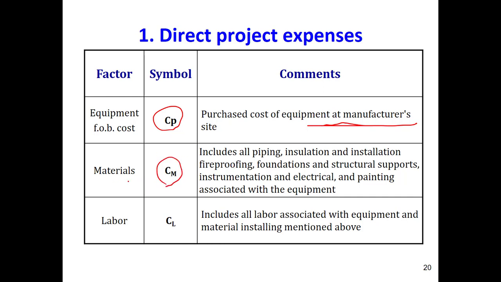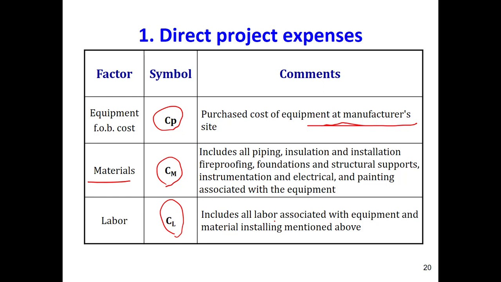Expenses related to material, we show with CM. That includes all the piping, insulation, installation, fireproofing, foundations, structural supports, instrumentation, electrical, painting, and whatever material that you will consume. It will be considered as direct material expense. Labor expense: you have to get some labor to do the job for you.